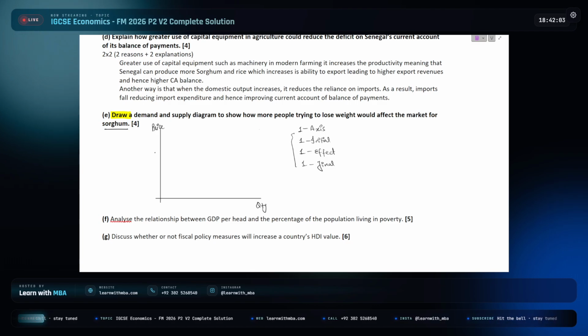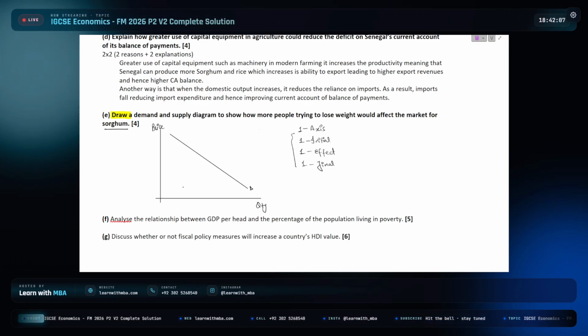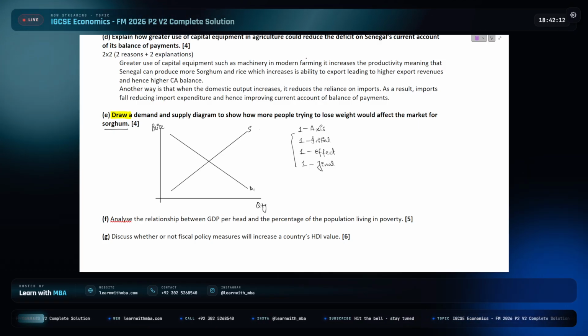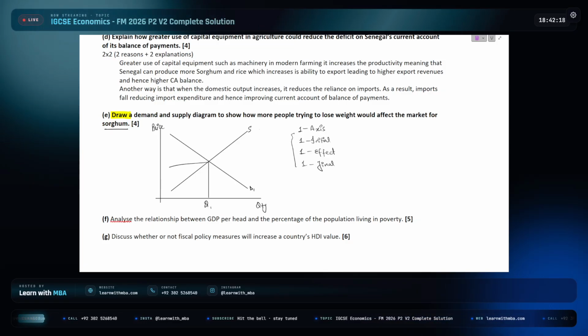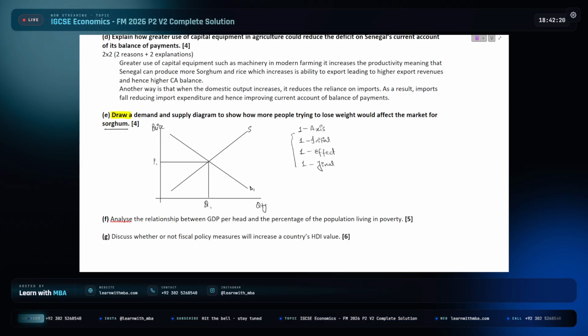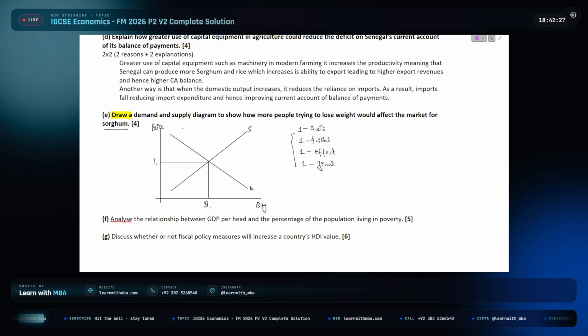So by just drawing this, I can get 1 mark, right? Then when I draw a basic demand and supply diagram, so I call this D1 and S1, and I label the quantity Q1 and the price P1, this gets me my second mark. So I've gotten 2 marks up until now. Then I need to show that the demand increases.